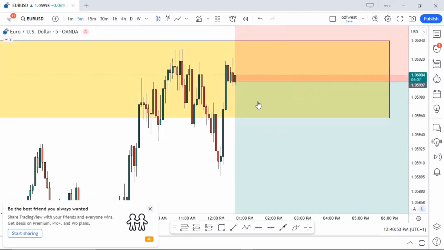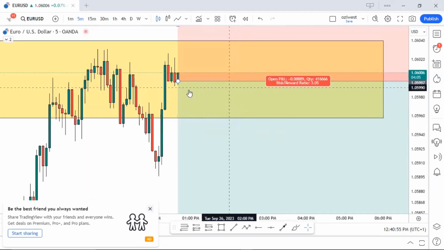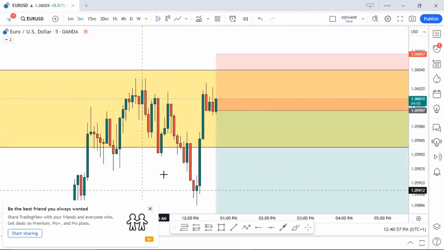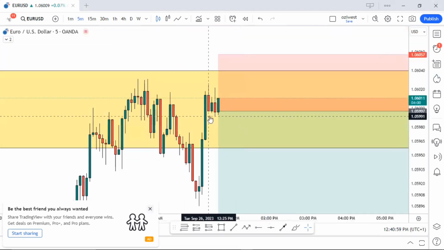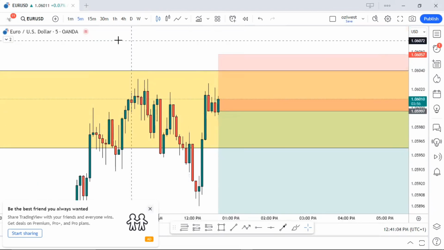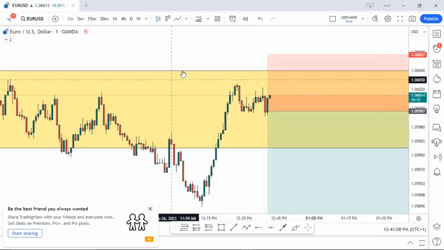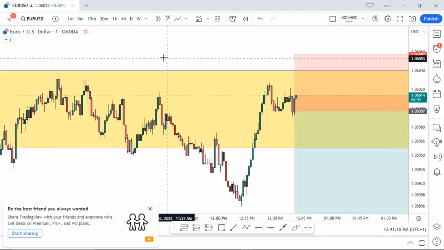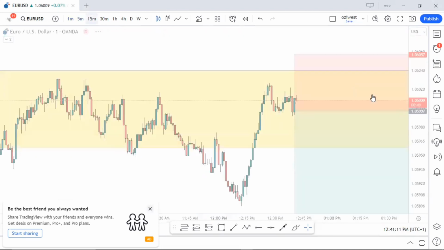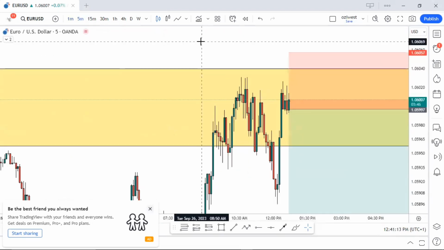I don't like this bearish engulfing candlestick. Didn't close. Let's see how it plays out.